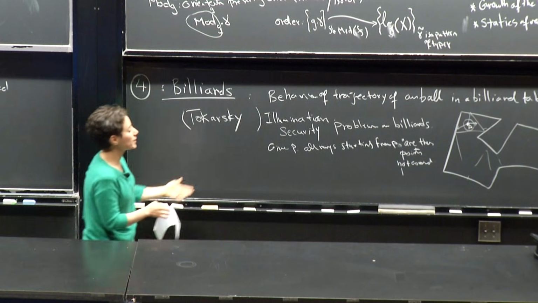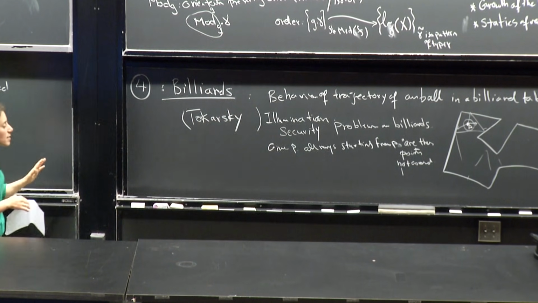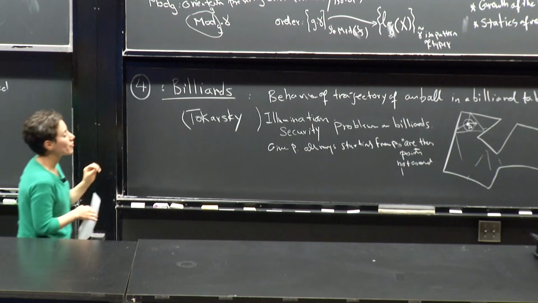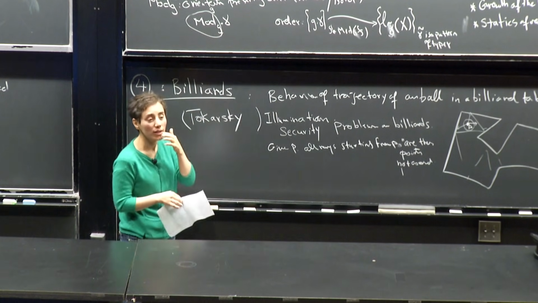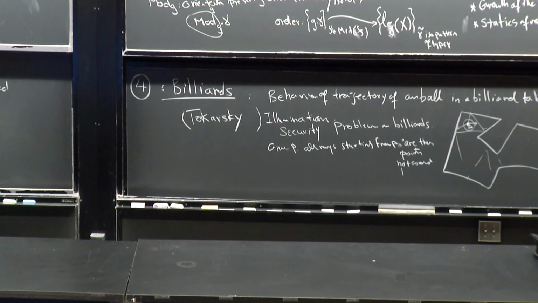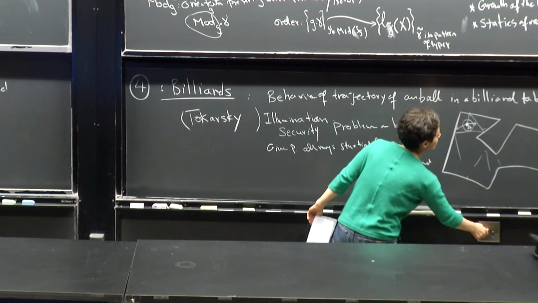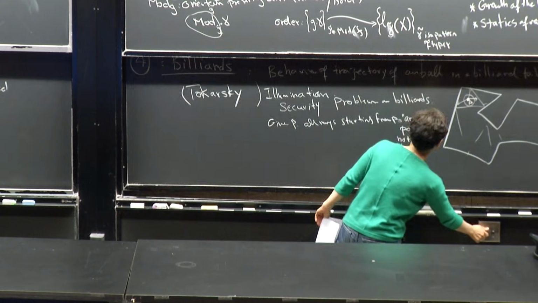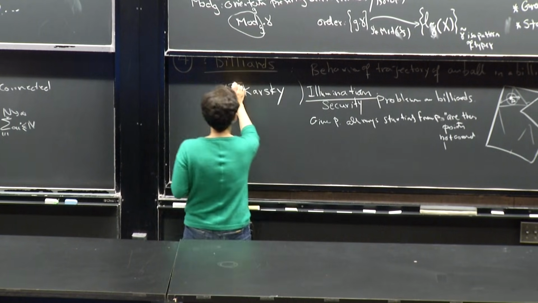For example, in many cases when the billiard, and I'll discuss this a little bit more, is slightly nice from our point of view, then the set of points which are not covered ends up being finite or at most countable. But maybe before I mention these kinds of results, so this is one problem.